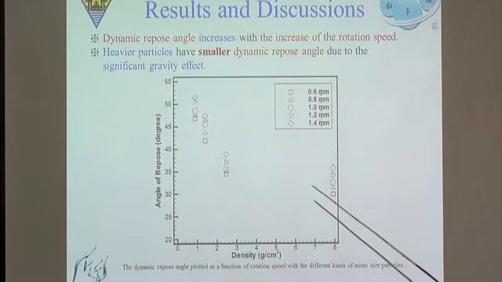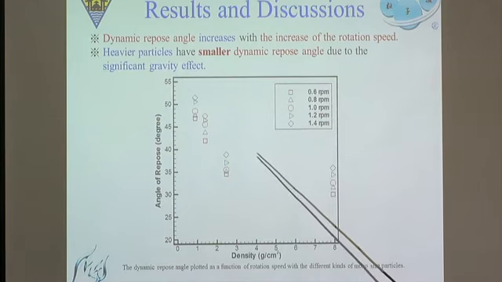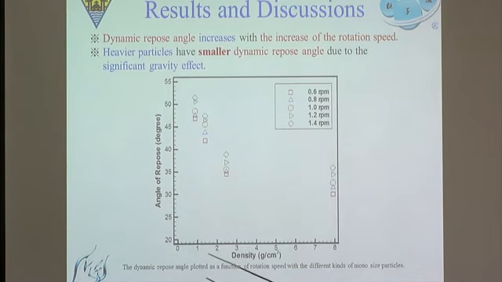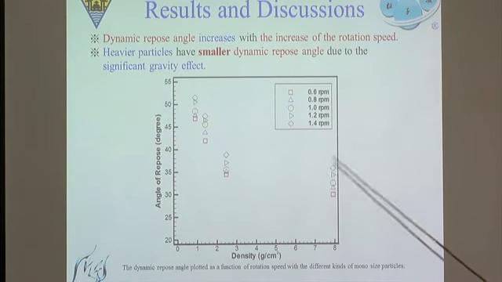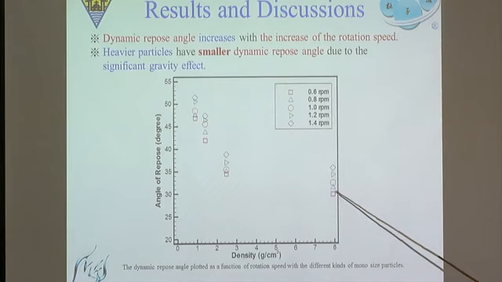And then we measure the dynamic angle of repose. Here, we also find that for a higher density ratio, we have a smaller dynamic repose angle. And we see here that for higher rotation speed, we have a higher repose angle.